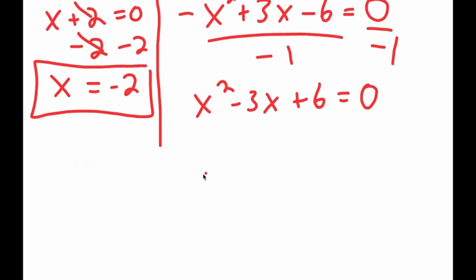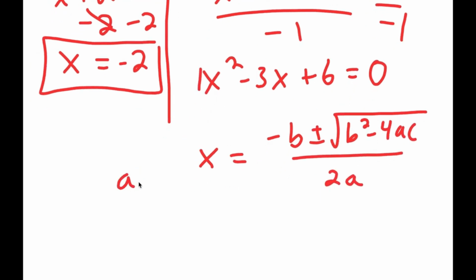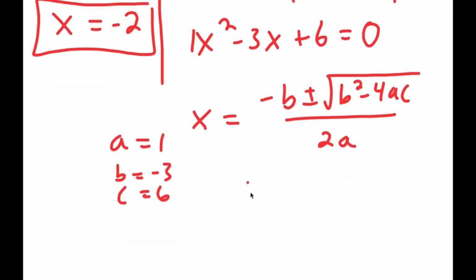Now from here, I can use the quadratic formula, which is negative b plus or minus the square root of b squared minus 4ac all over 2a. So in this case, a is 1, b is negative 3, and c is 6.